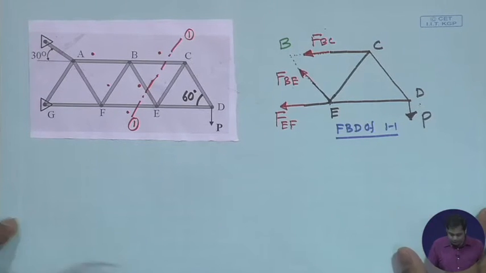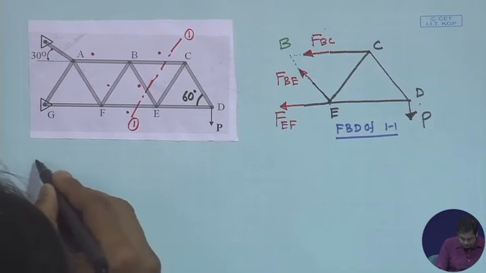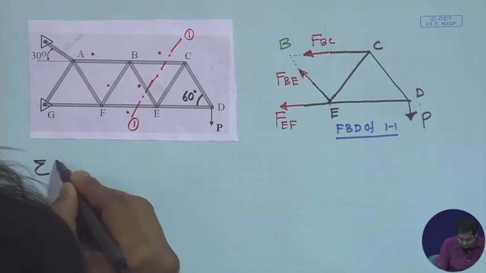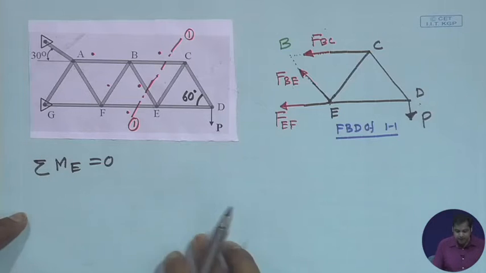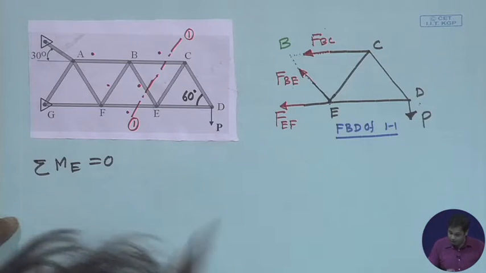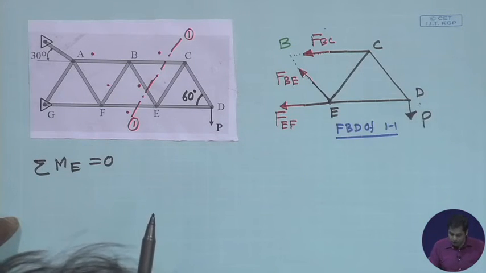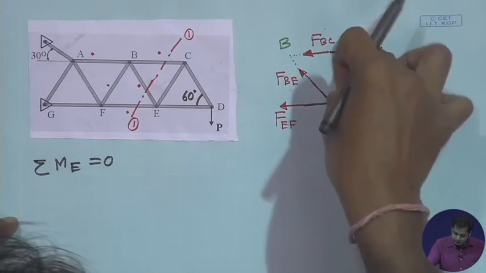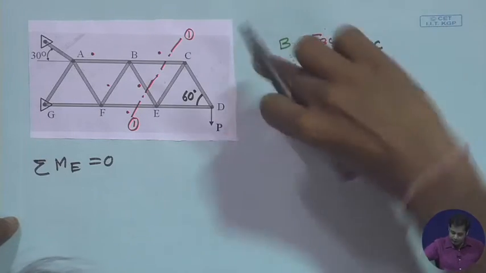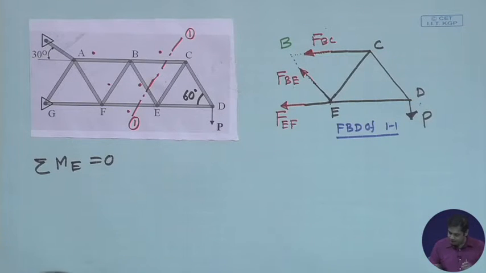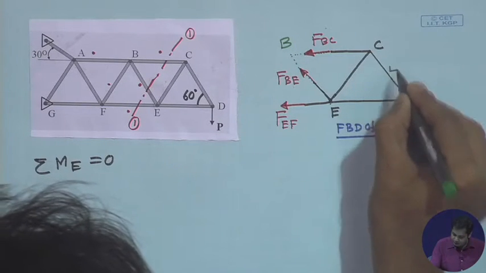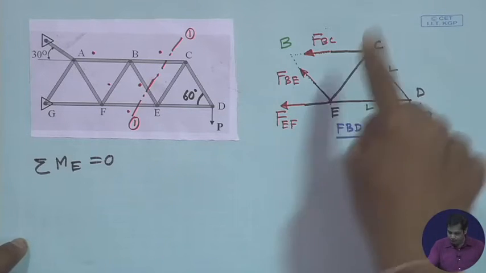So if we write summation of M_E equal to 0: BC will produce an anticlockwise moment and P will produce a clockwise moment, and all these distances are L, since it is an equilateral triangle.